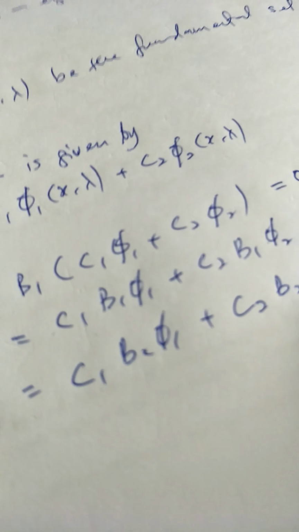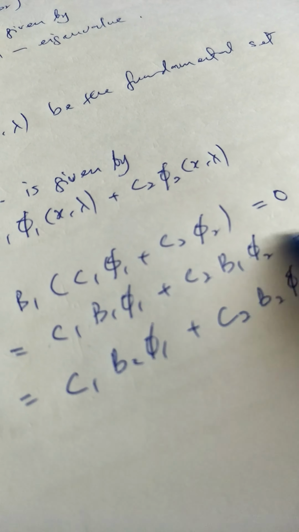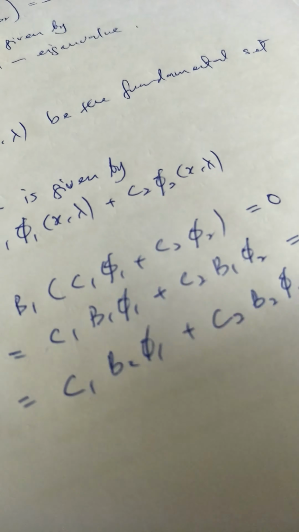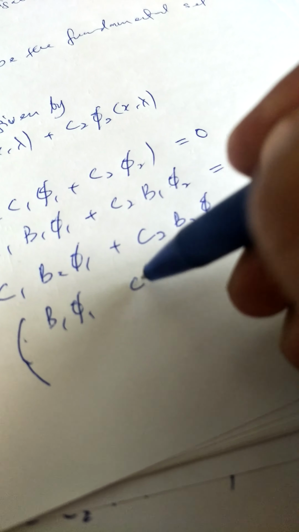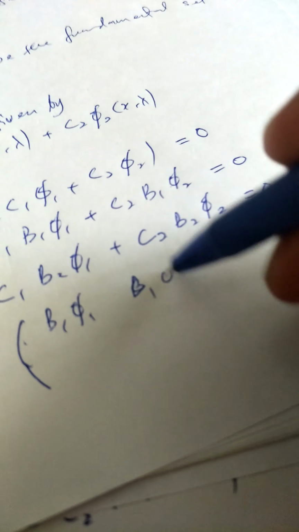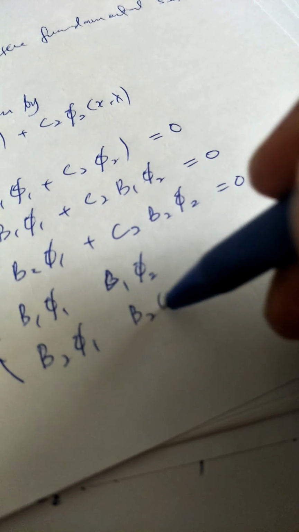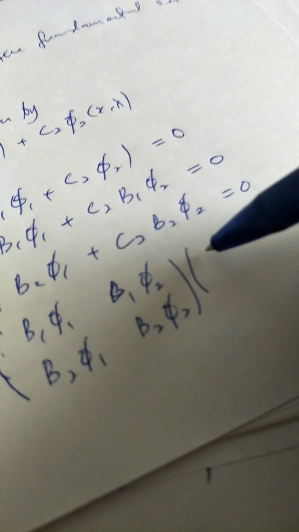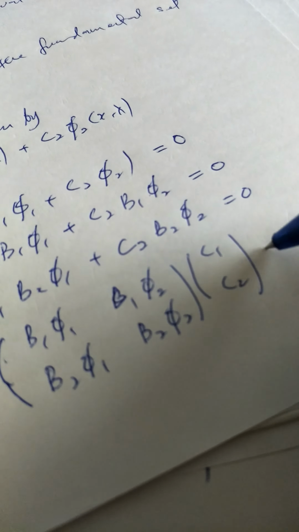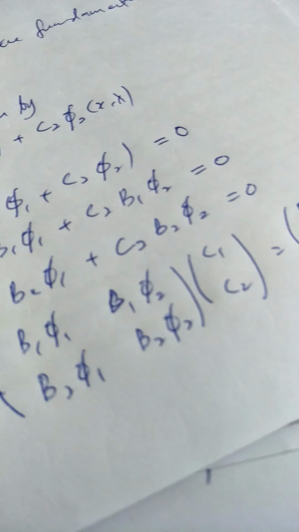So I can write these two equations as the matrix with rows B1 phi 1, B1 phi 2 and B2 phi 1, B2 phi 2, times c1, c2, equal to 0, 0.